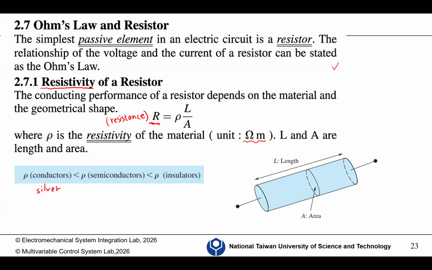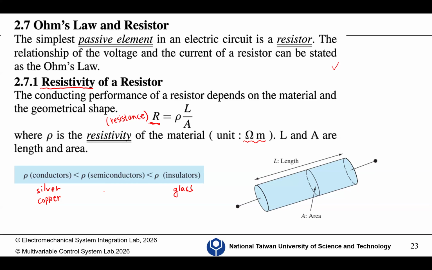Silver or copper, but silver is the best conductor. It has the smallest resistivity. Insulators have the largest resistivity, such as glass.